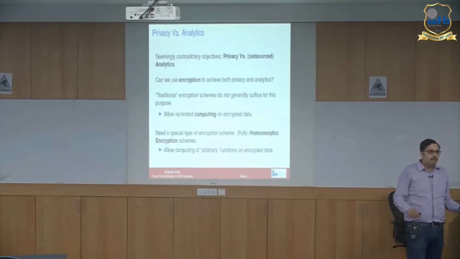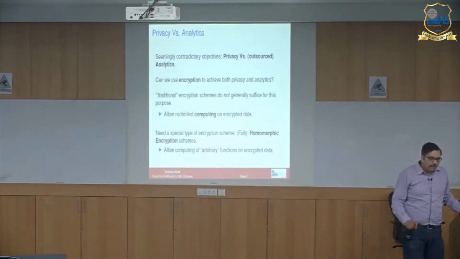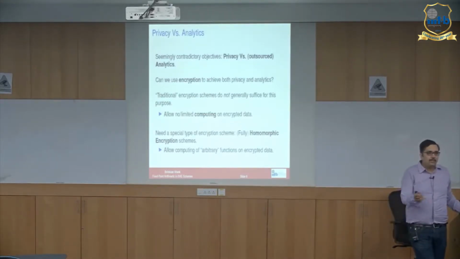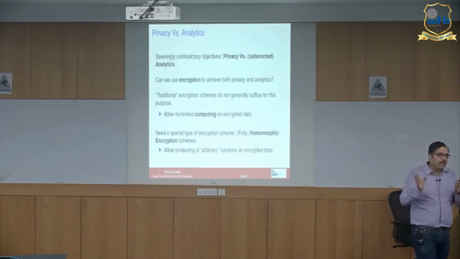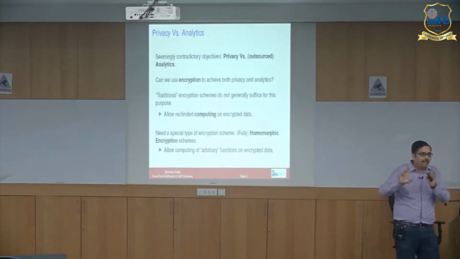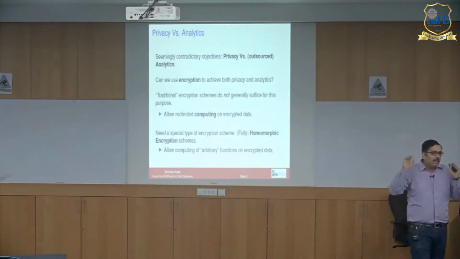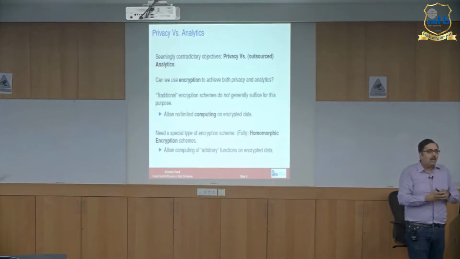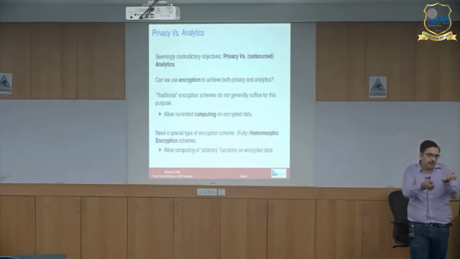Or it can even happen, for example, let me present another scenario. Say I claim that I have come up with a very clever stock prediction algorithm. You are a client and you have a company and you want to predict the stock prices. The obvious way is that I give my algorithm to you, or you give me all the data about the company so that I can make the prediction.